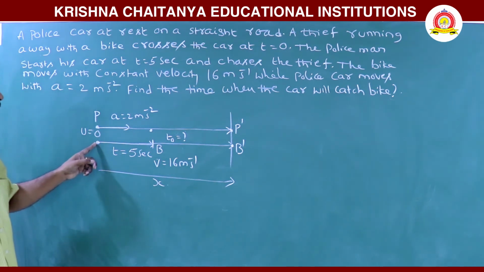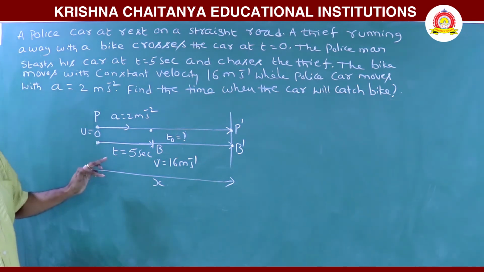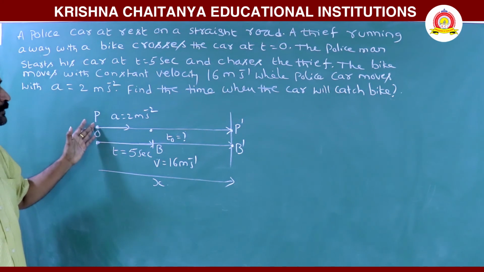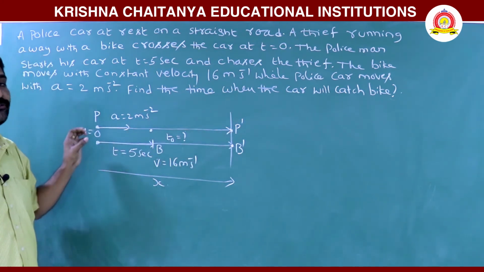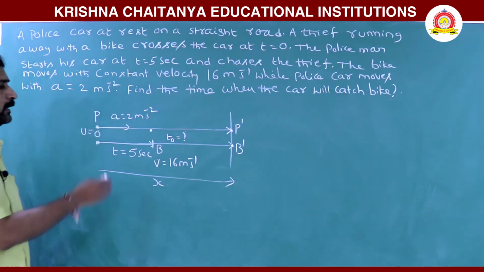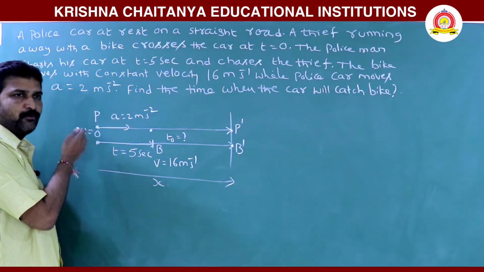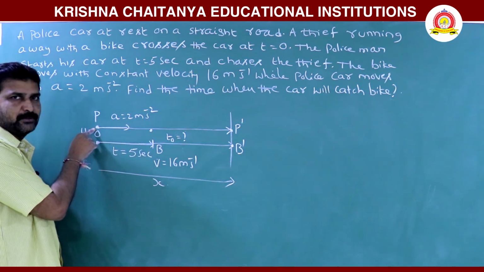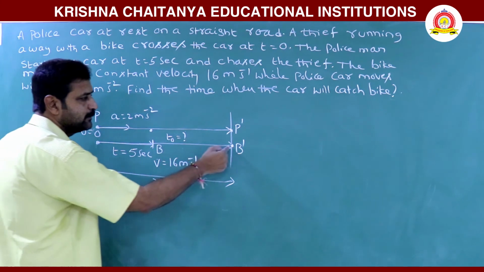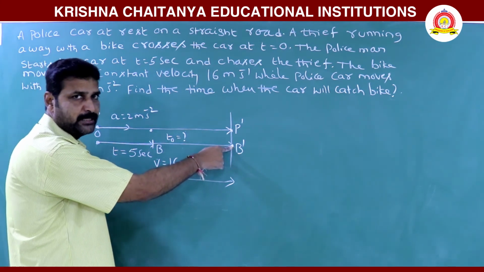Now the policeman started after 5 seconds. That means the policeman has to reach this distance in t0 minus 5 seconds. Why? Because when the bike crosses him, he started after 5 seconds. So the bike reached this point in t0 seconds.